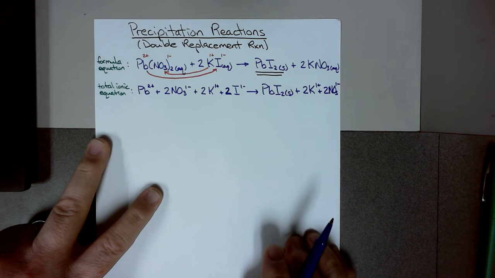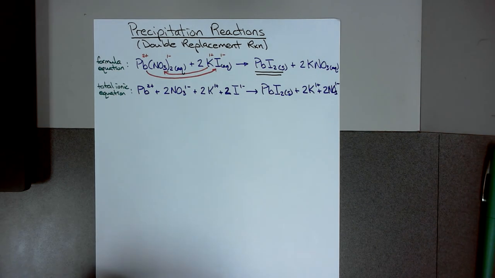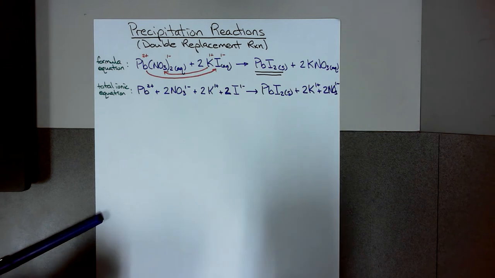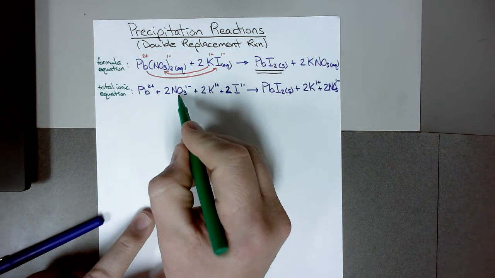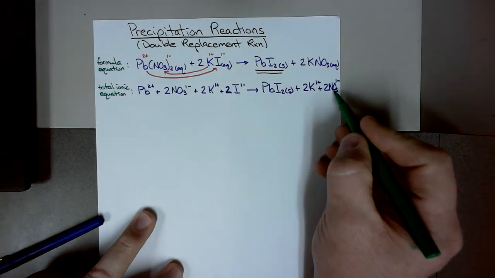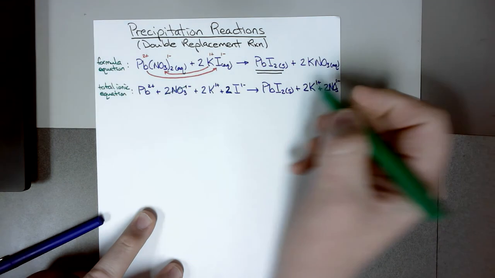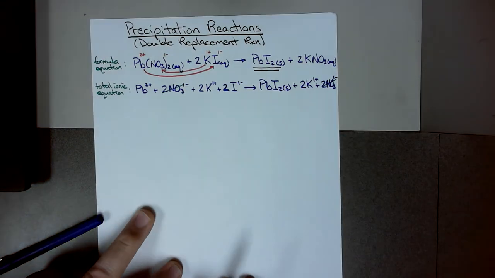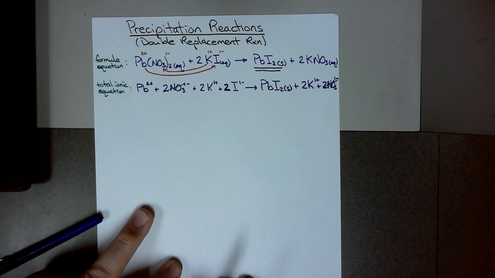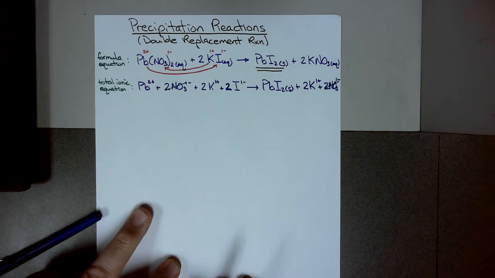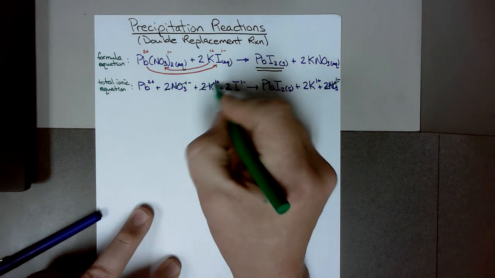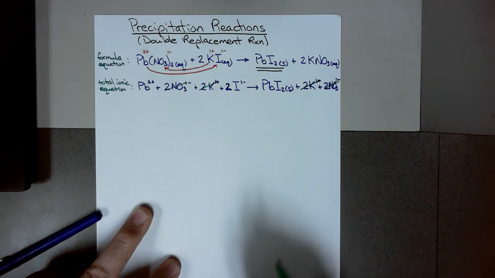I ran out of space there. So when we look at both sides, we notice that the 2 moles of NO3 are exactly the same on both sides. So this one and this one are considered spectator ions. And then the potassium 1 plus is exactly the same, so it's a spectator.